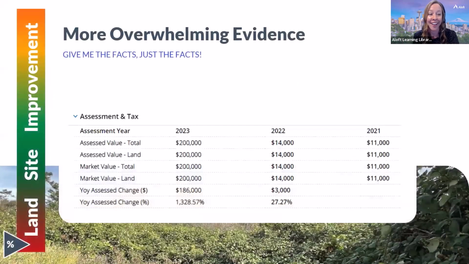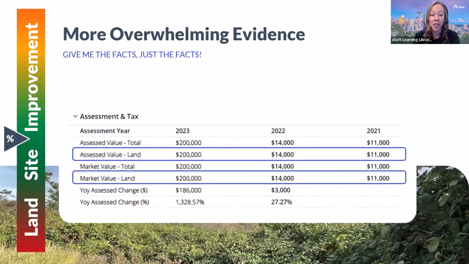And now you're probably thinking, no way, that can't be right. But here's the tax assessment from our case study's property year over year. Prior to the sale for $60,000, it was assessed for $14,000, and $11,000 prior to that. And then when it sold and the new owners began improving the lot, the assessed value jumped up dramatically to $200,000.